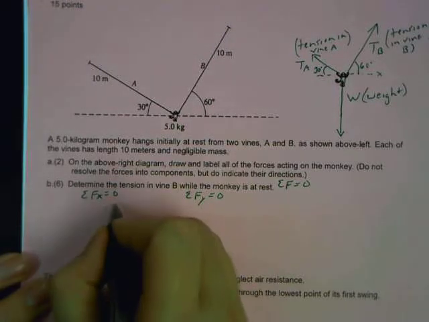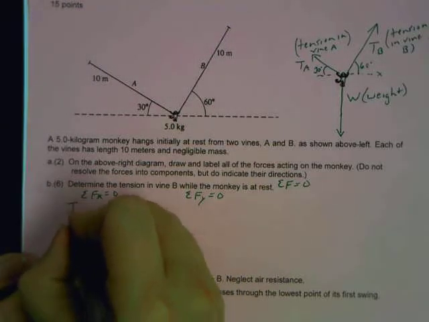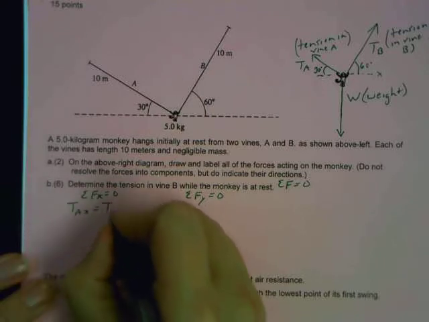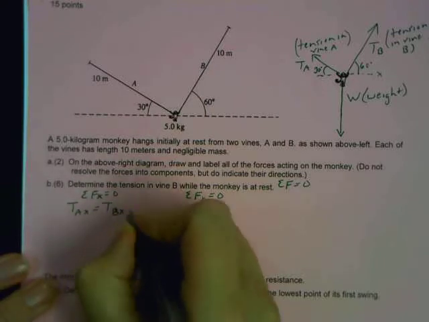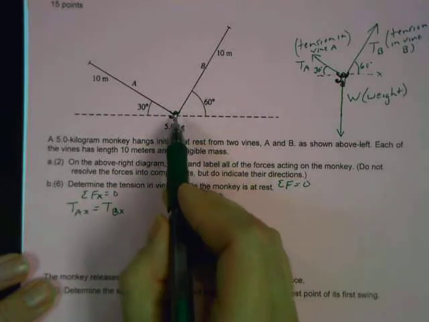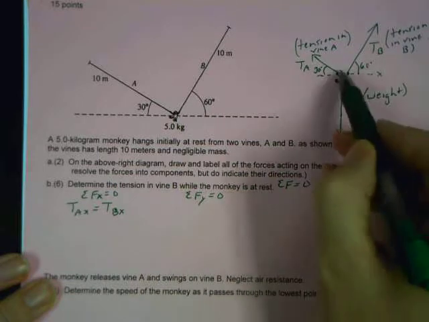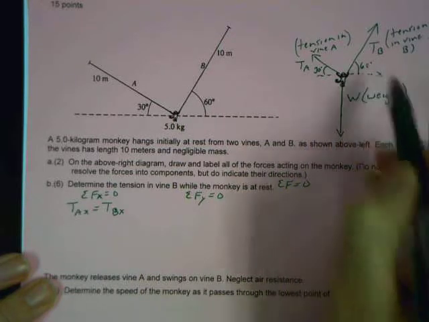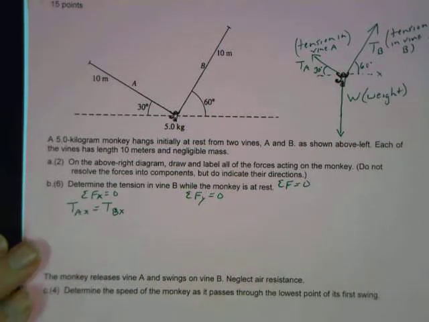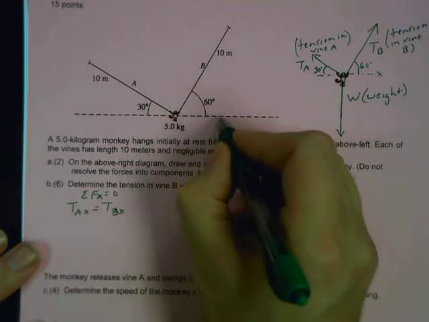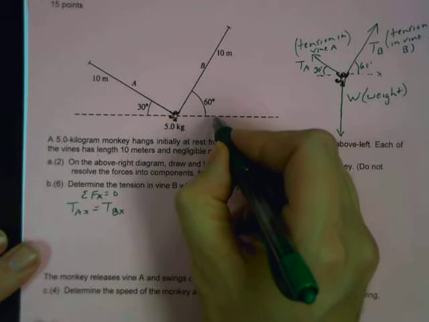In the x direction, we have tension A sub x equals tension B sub x. How hard this one is pulling to the left is equal to how hard this one is pulling to the right. How far this goes to the left equals how far that one goes to the right. And of course, that is the adjacent side over here, so that's always going to be cosine.